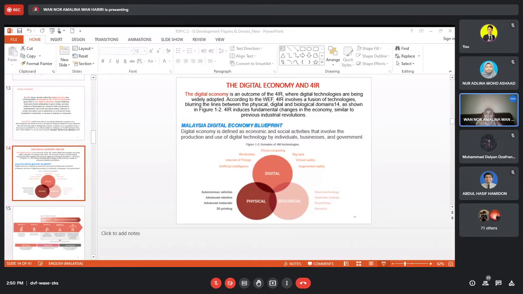But now we have a lot of platforms, marketplaces that offer a platform for us to buy goods from abroad. So we have new and expanded international markets. Not only that, we also have international competitors.